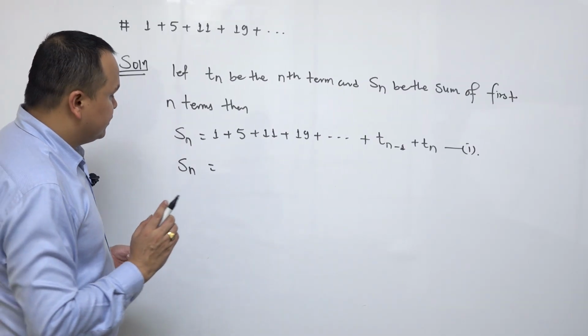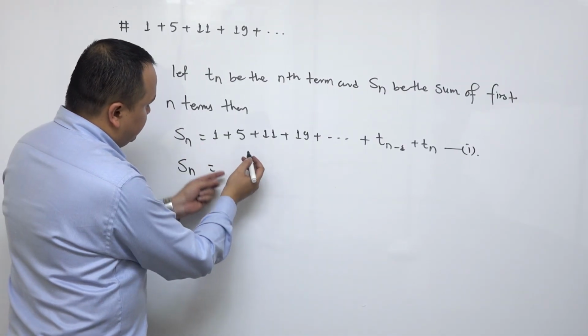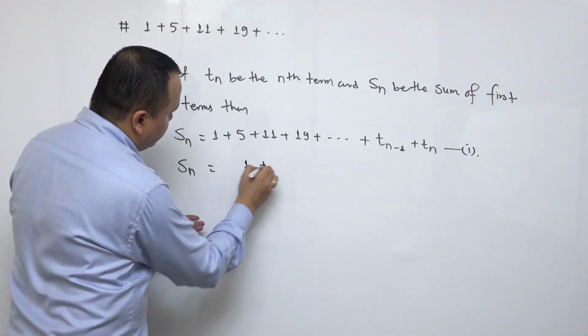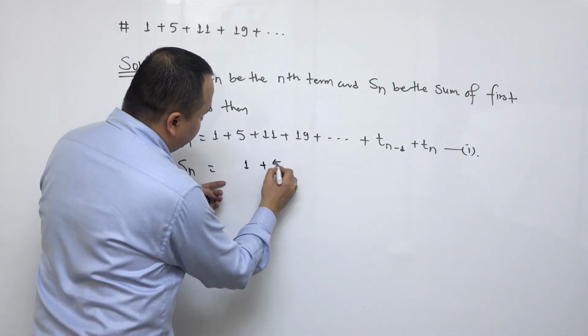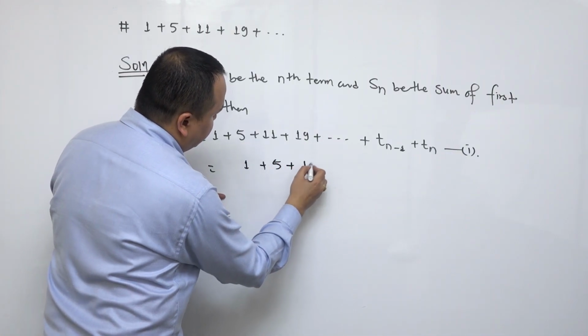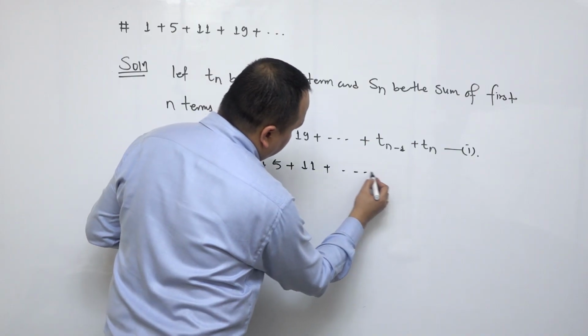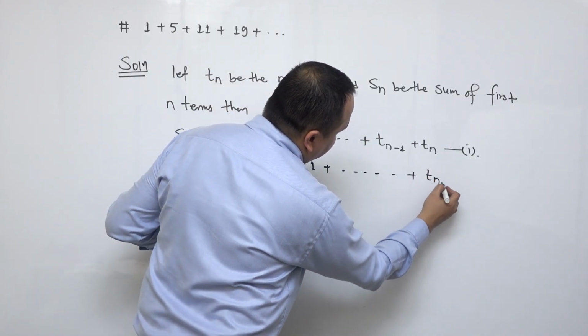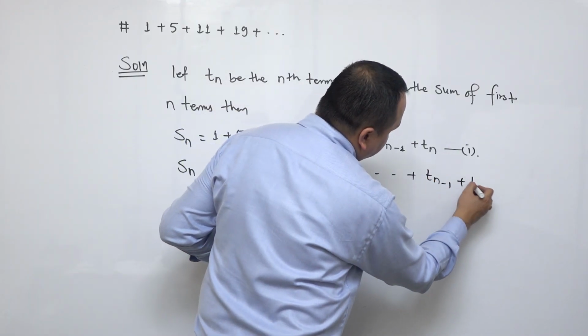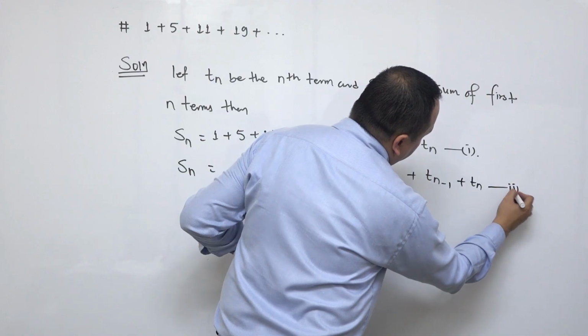Equation 1 can be written as 1, 5, 11 plus ... Tn minus 1 plus Tn, equation II.